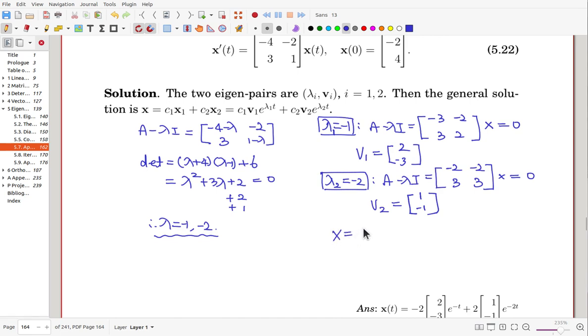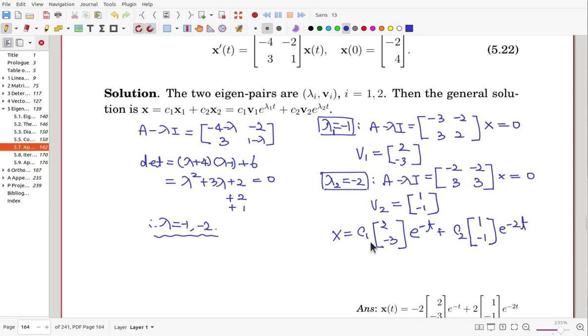Now the solution can be formulated in this way. X is C1 times this vector V1, which is 2 and minus 3, and e to the lambda t, that is e to the minus t, plus an arbitrary constant C2 times the second eigenvector 1 and minus 1, and its corresponding eigenvalue is minus 2, so e to the minus 2t.